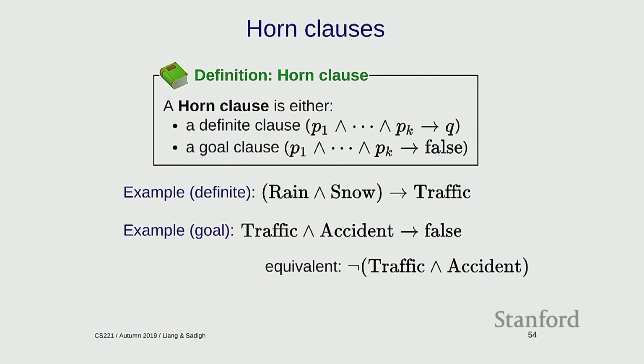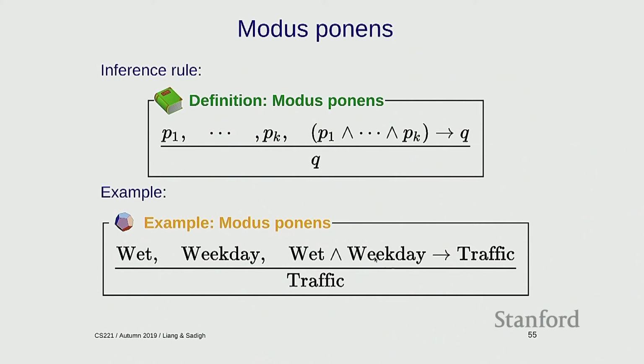Okay, so now we have these Horn clauses. Now remember the inference rule modus ponens. We are going to slightly generalize this to include not just P implies Q, but P1 through Pk implies Q. You get to match on premises which include atomic propositional symbols and a rule that looks like this, and you can derive or prove Q from that.